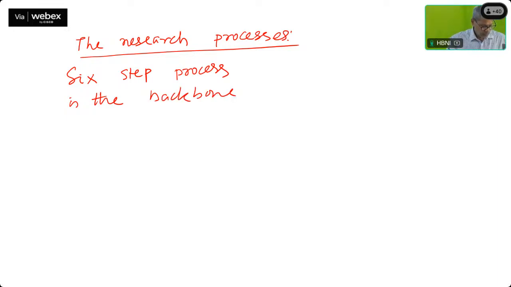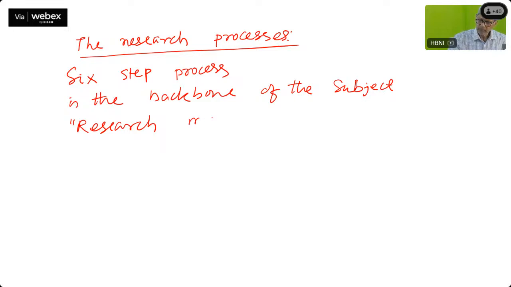This six-step process is the backbone of the subject research methodology. So these six-step processes are the backbone of research methodology. This gives the basic understanding of the research methodology subject and the various stages of research.